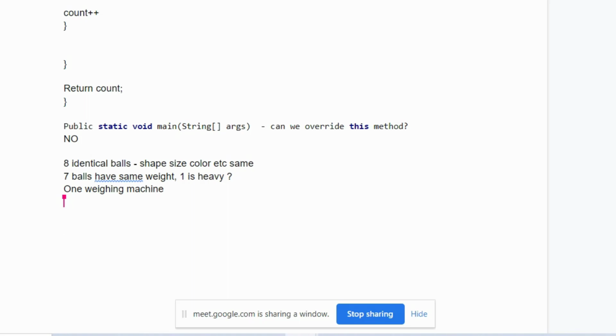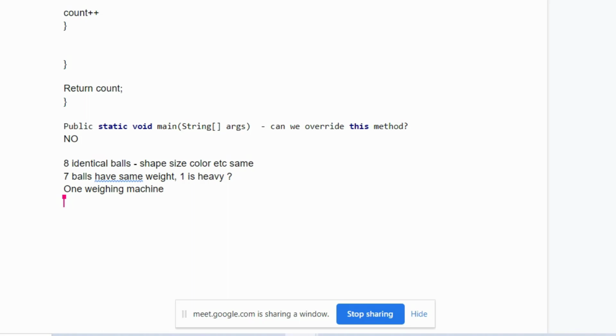You need to tell me how many times you will use the machine to figure out the heavier ball, and your approach should be to use the machine as few times as possible. Did you understand the question?